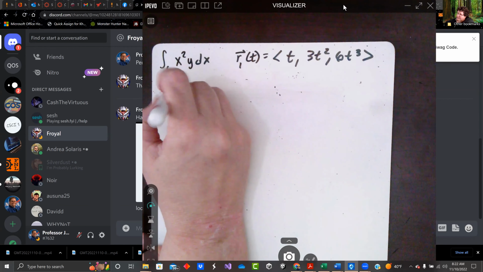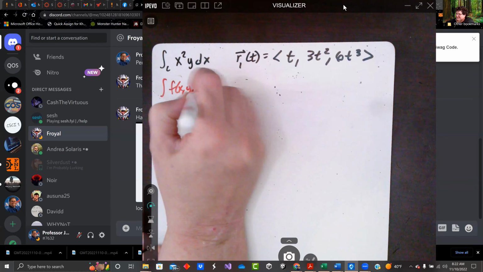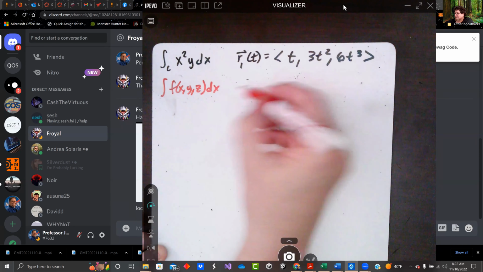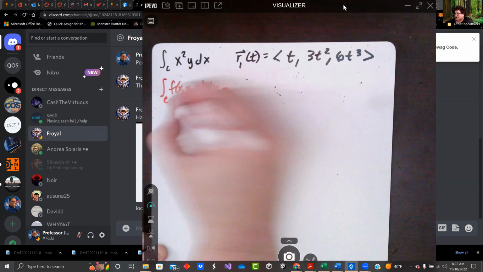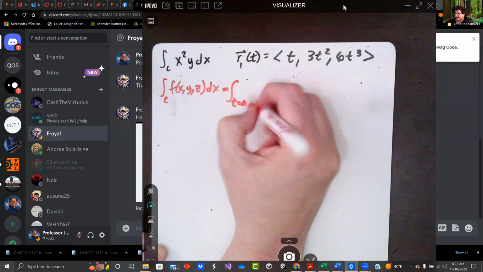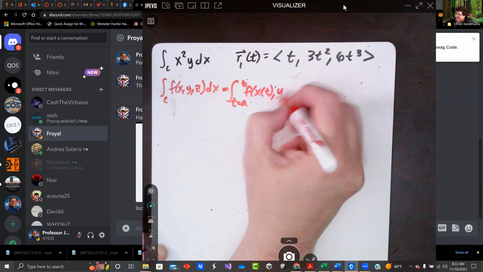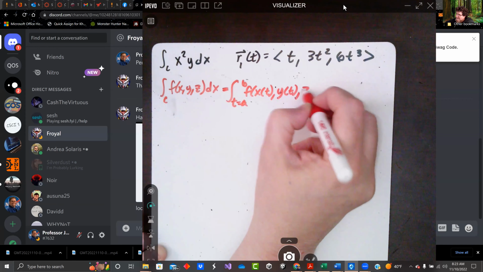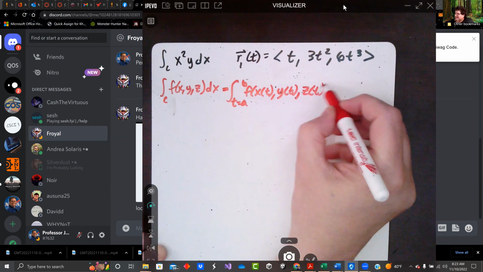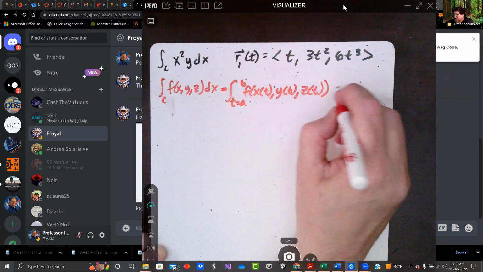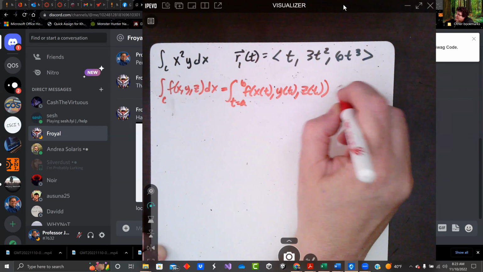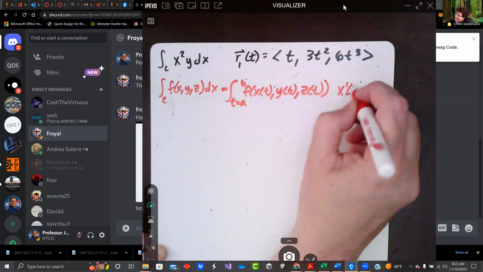We're going to do the integral of f of x, y, z dx along the curve, which turns to t equals a to b, f of x of t, y of t, z of t. And instead of having dr dt, we just have x prime of t dt.